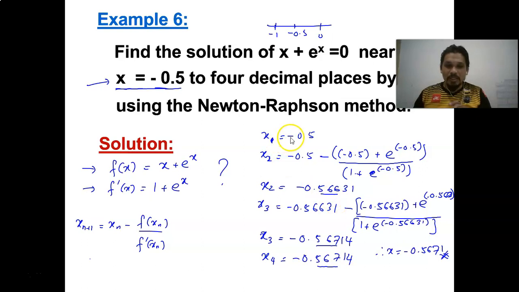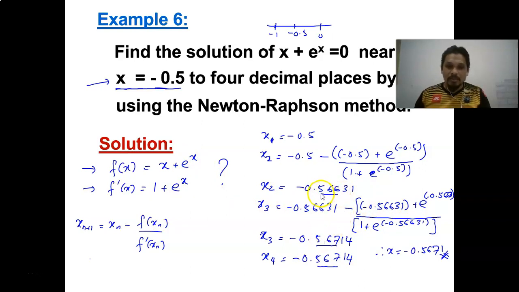Okay, so the point is we repeat the process. We begin here, substitute into this function of f(x), and f prime is given here. Then we generate one value. Then we use this value, substitute into this function, and we generate another value. Then we compare.